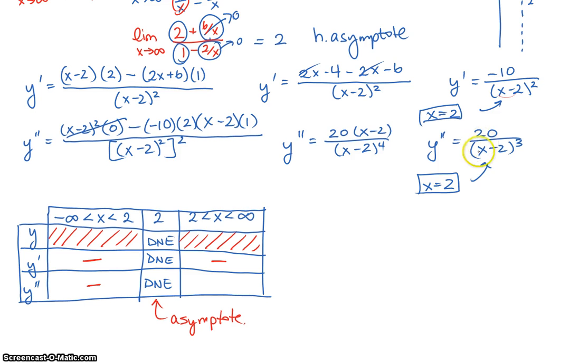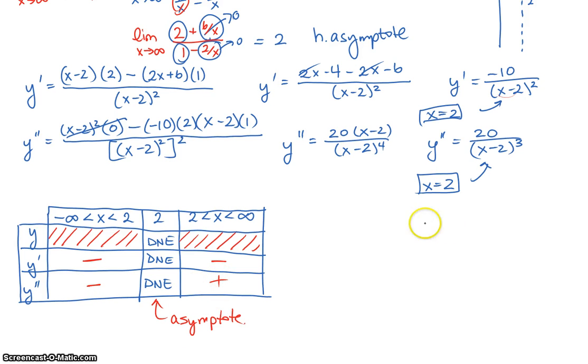Same thing here, if I plug in 3, 3 minus 2 is going to become positive. Anything that's positive cubed becomes positive, positive over positive, whole thing becomes positive. So that now tells me that it's going to be decreasing through the whole graph. And it also tells me that it's going to be concave down versus concave up.